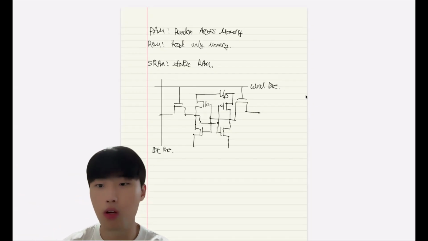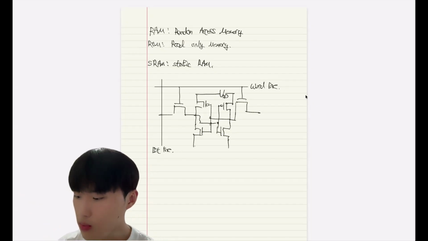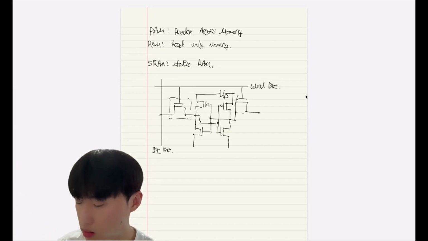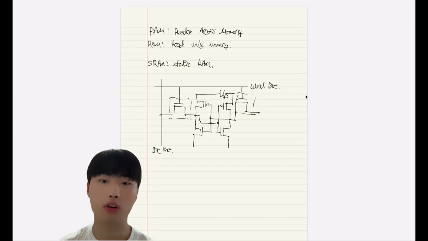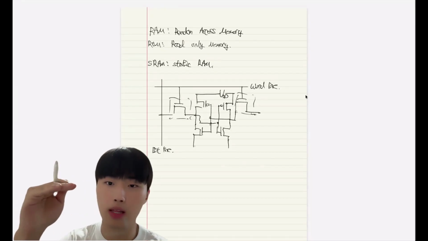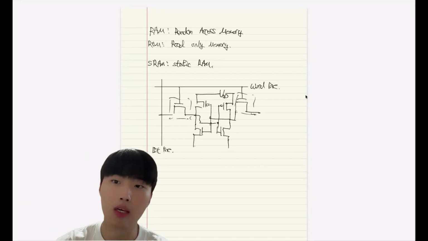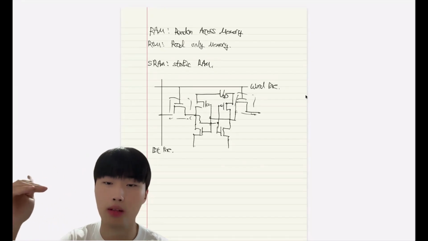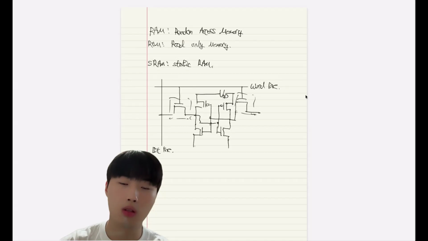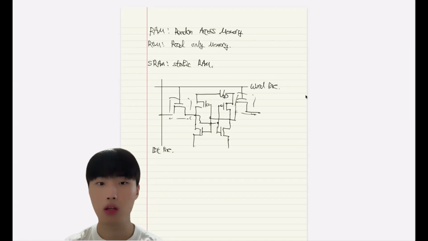This will be a transistor, and this will be a transistor. When the word line is zero, the switch is turned off, and when the word line is one, the switch is on.